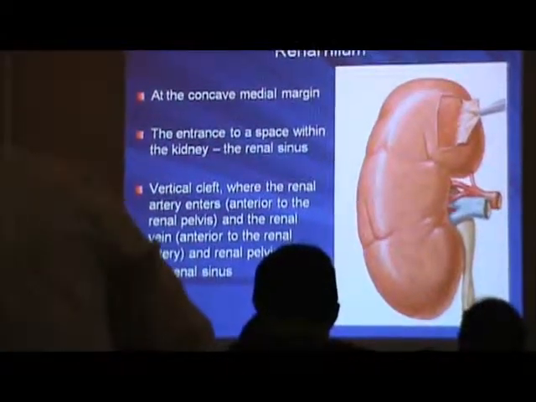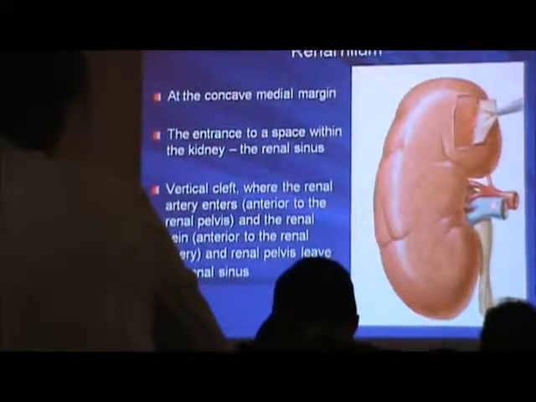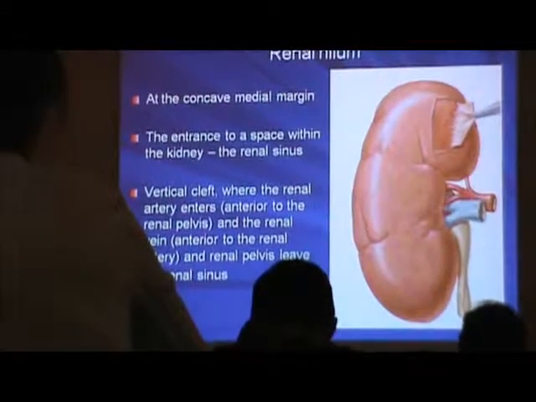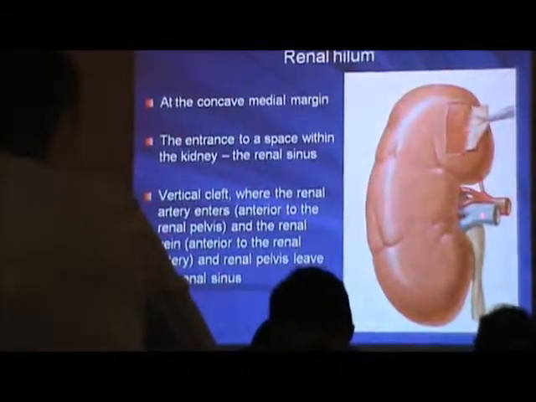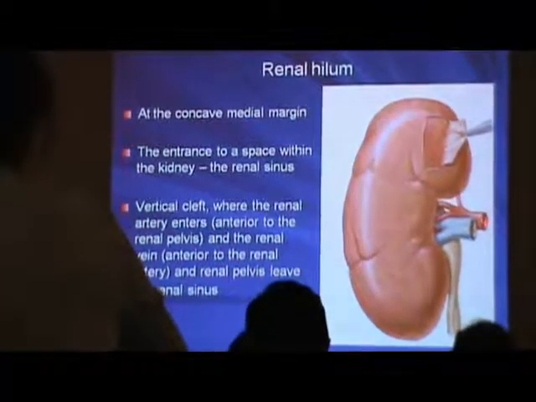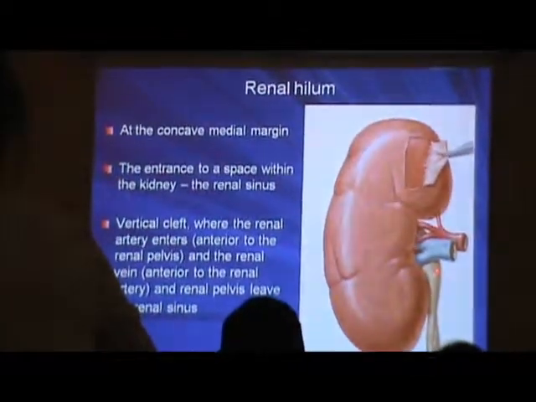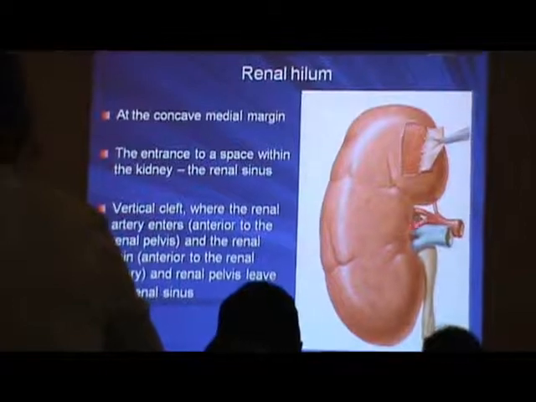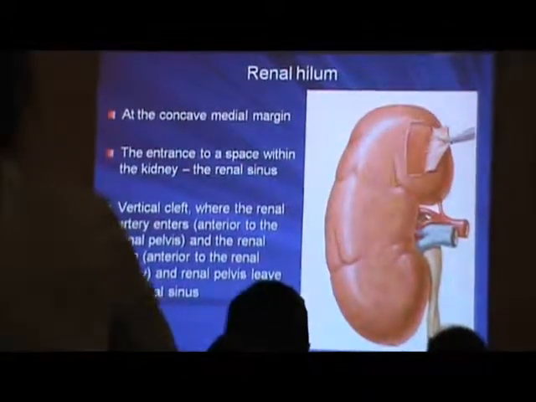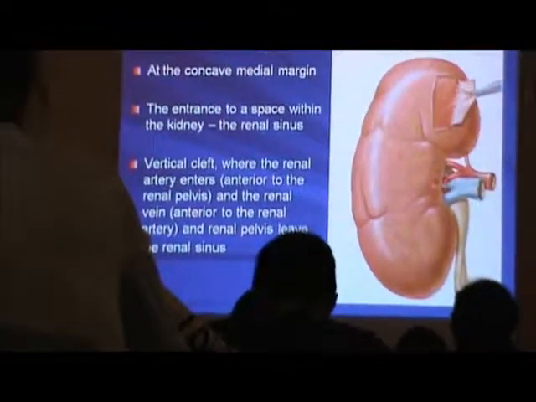But look, we need to see the relations of these vessels and structures. The vein is anterior to the artery, and the artery is anterior to the renal pelvis. Closer to the renal sinus it will change, because the renal artery sends segmental arteries.